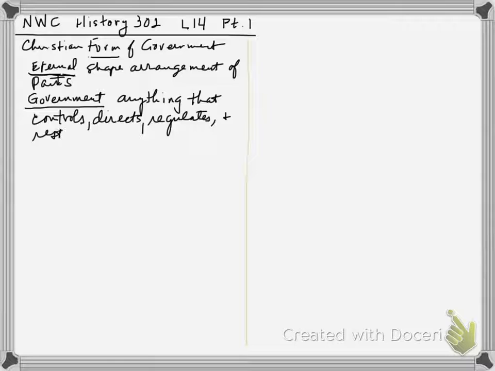So these are what we'd call the components of government. And notice it doesn't talk about civil government here. Government is anything. It could be parents. It could be laws. It could be the law of gravity.